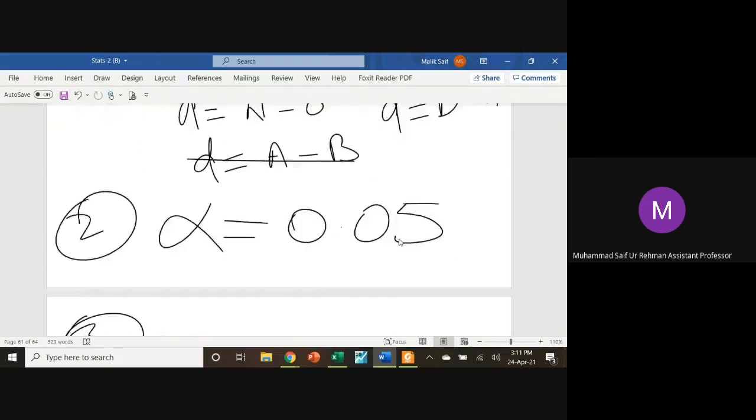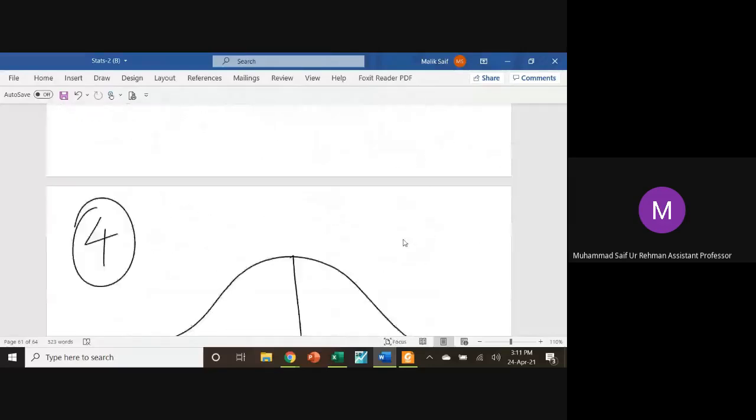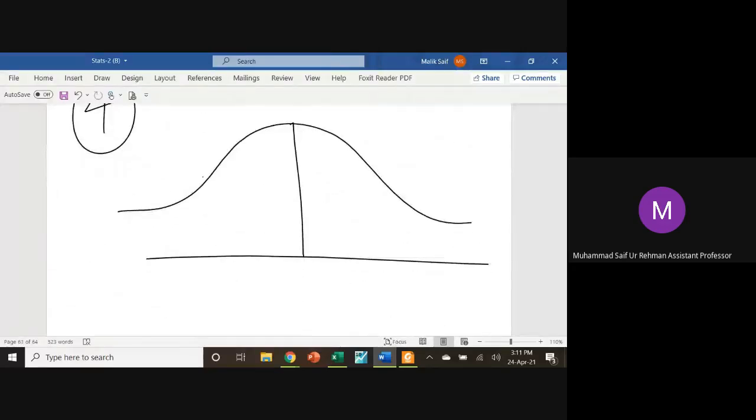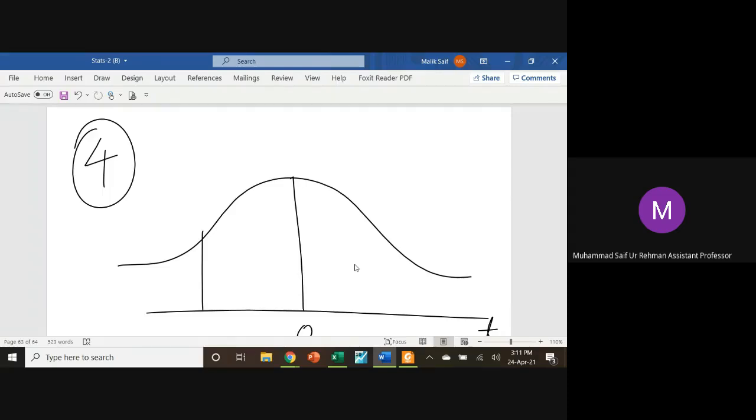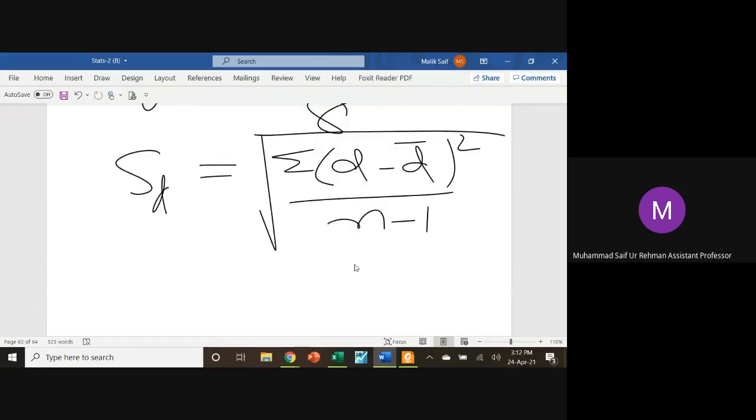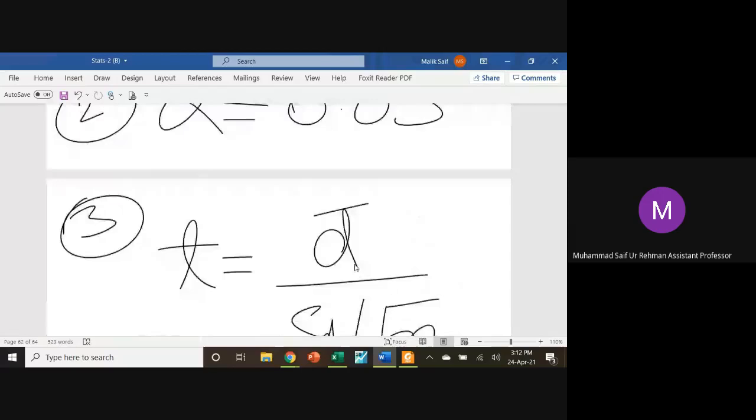So in both cases, let us see what will be the situation if it is left-tailed. Here T value will be 0. And what will be the critical value? You have to see degree of freedom n minus 1.